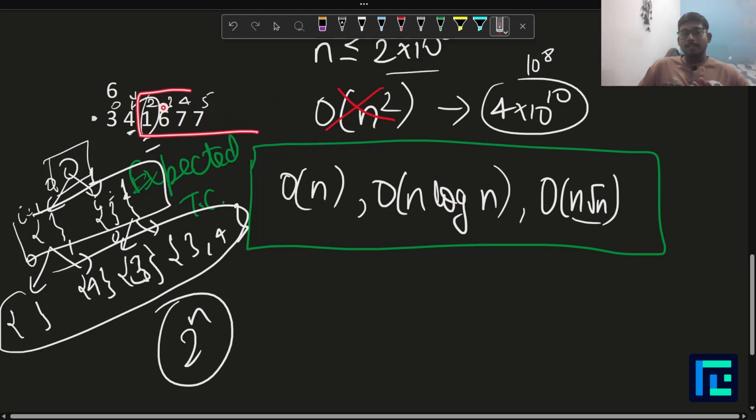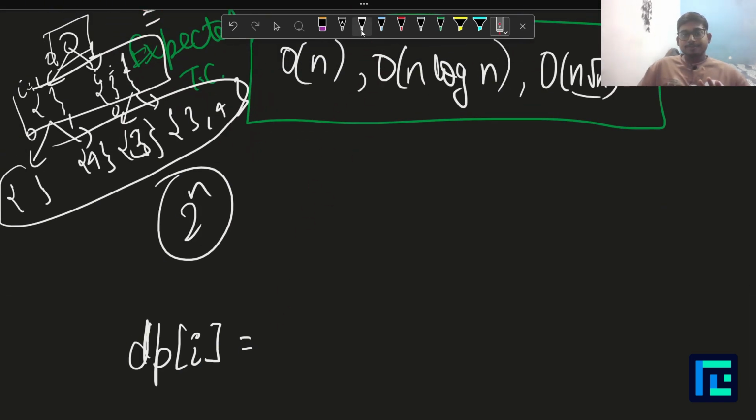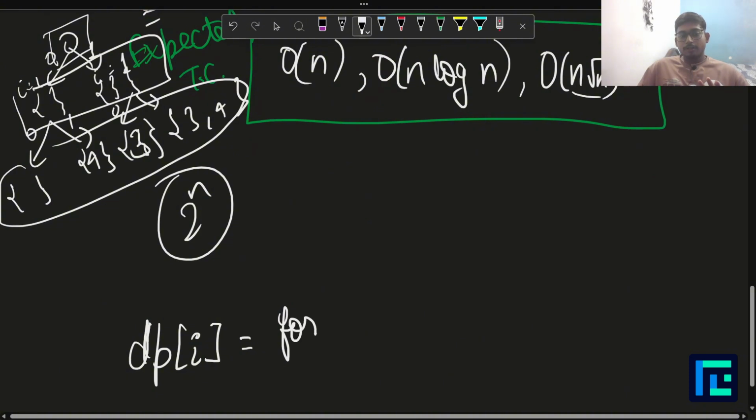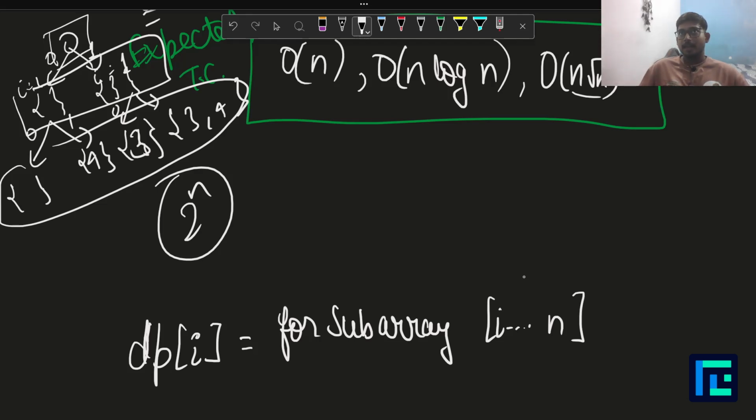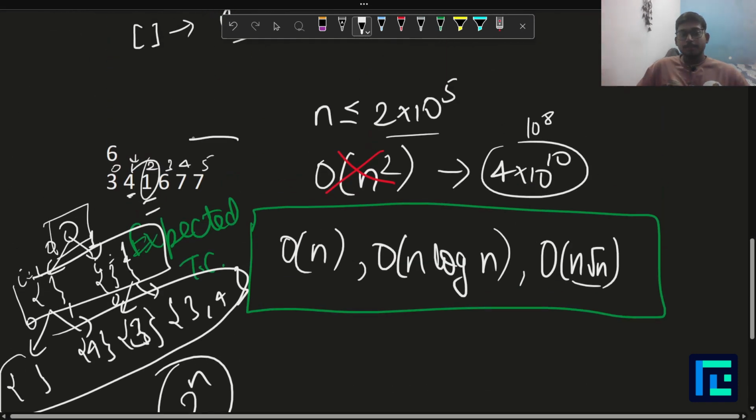So I am taking the DP state like this, that my DPI represents the answer for the subarray from I up till n. Okay, I'm taking it for the right subarray, the subarray starting with I and ending with n. So in the DP we'll be moving in this direction, not in that direction.